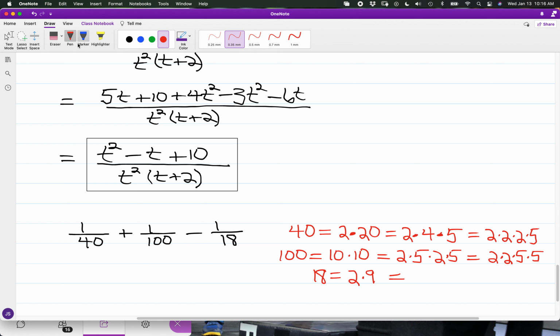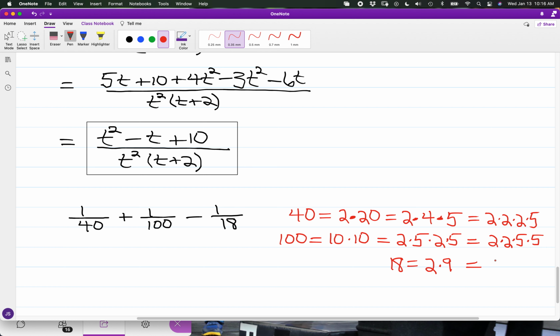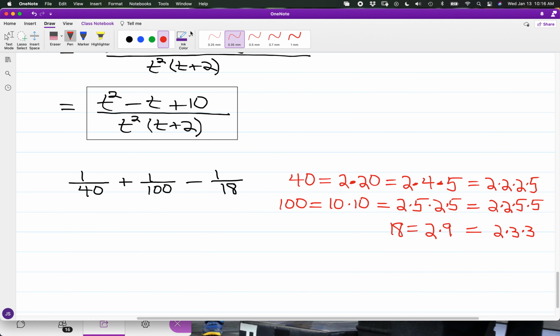Now 2 is a prime number. 9, on the other hand, can be factored to 3 times 3. So again, with the prime factors, we have the numbers 2, 3, and 5.